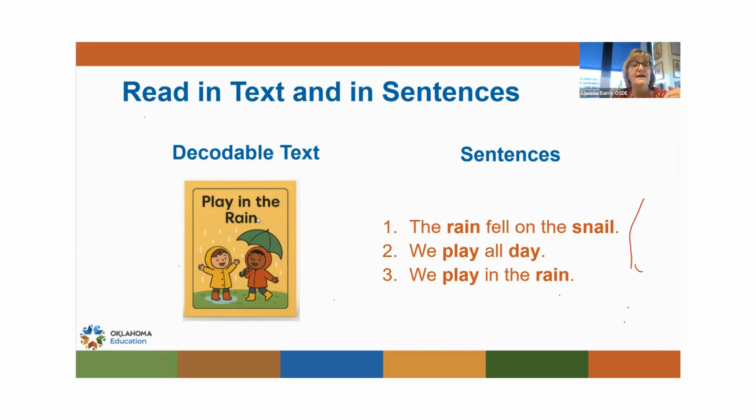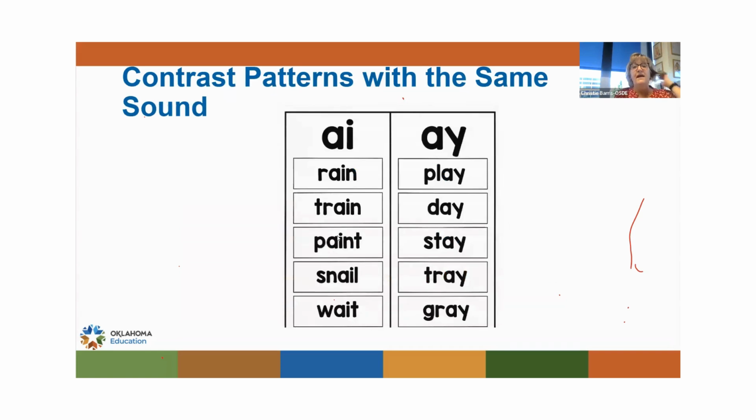I like to use the printouts and not my real books so they can actually go in and highlight in different colors the different ways the words are spelled and find those words in the text. And then contrasting those patterns, doing word sorts. I think I put in a word sort builder for you in there as well, so that you can go and look at those things.